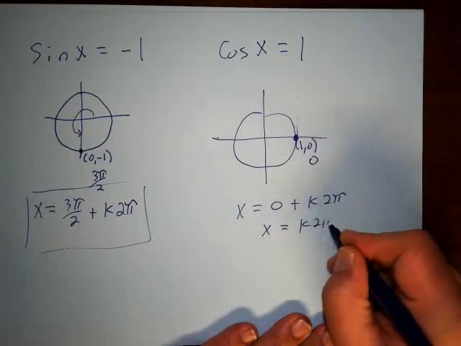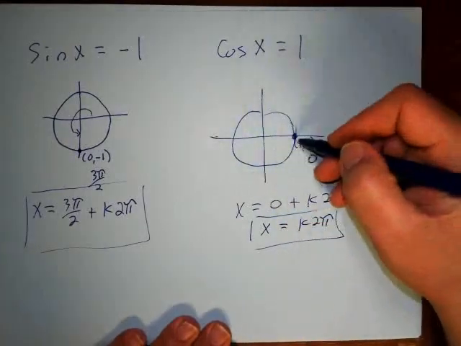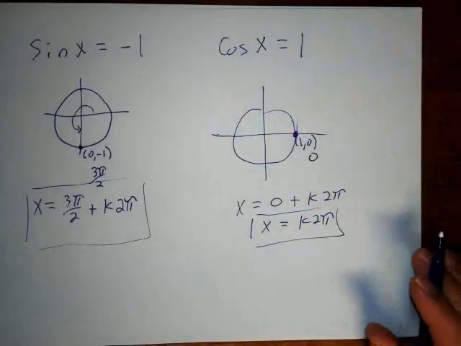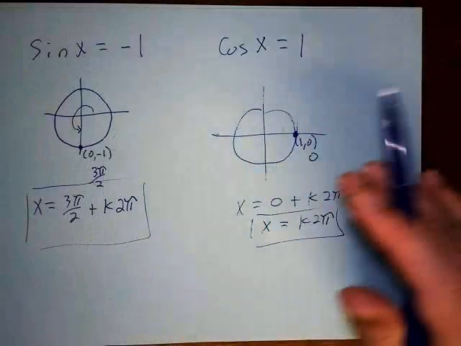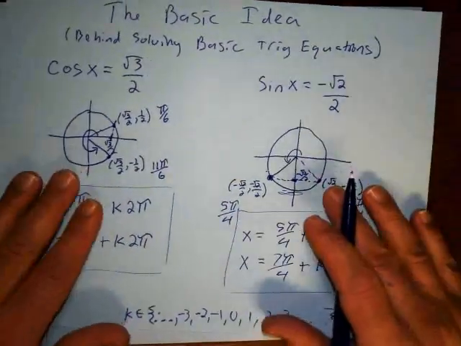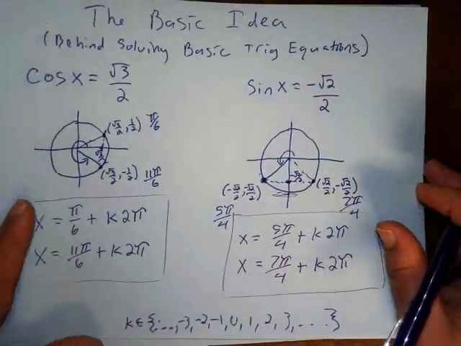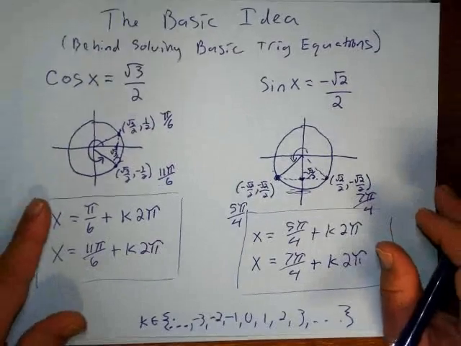So you could simplify that to just this, and it'd be all the rotations of that, and that's when cosine x is equal to 1. So anytime sine of x or cosine of x is equal to negative 1 or 1, you would just have the one solution, but for any other values, you're going to have the two solutions. That is the basic idea behind solving the basic trig equations. I'll stop there, and then I'll do one involving tangent next.